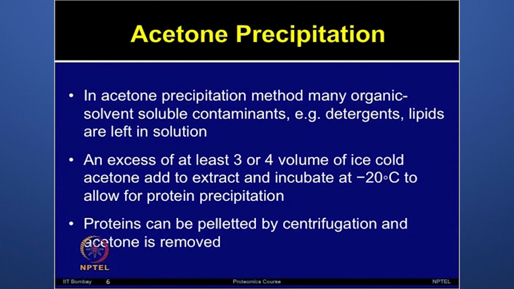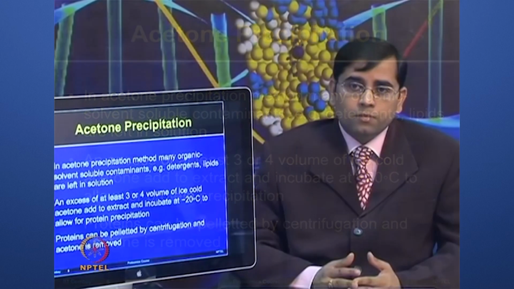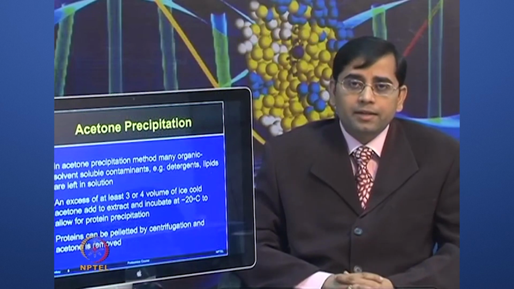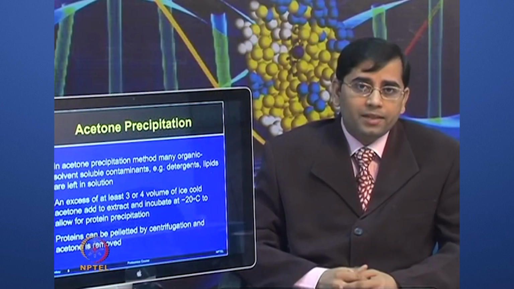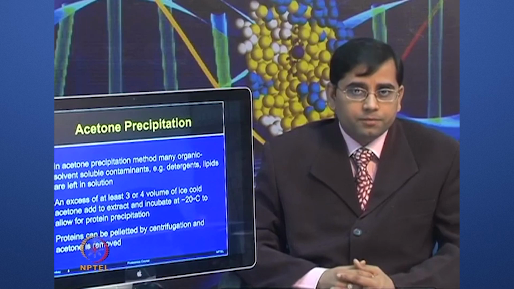The proteins can be pelleted down during the centrifugation step, and then subsequently you can remove the acetone and dry it out. So, acetone precipitation is a very easily performed method and it is very effective.